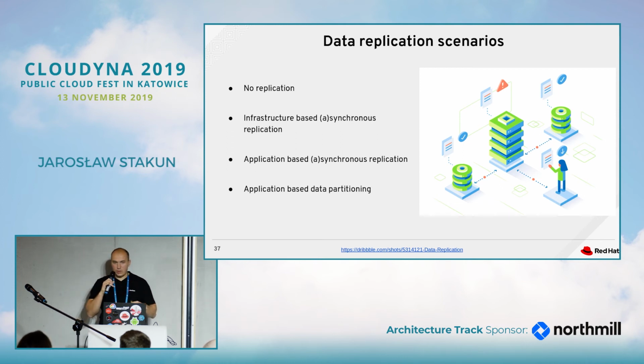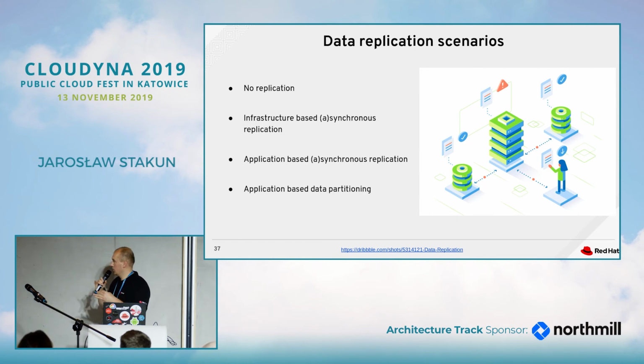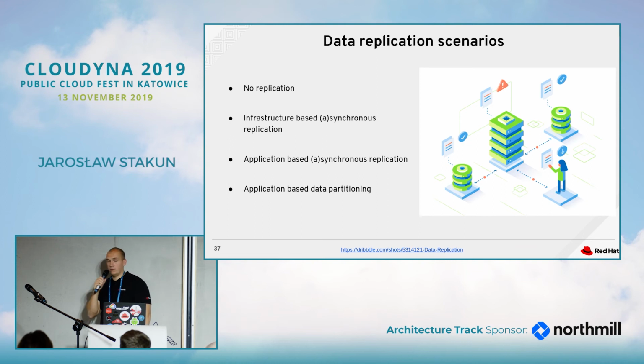We are talking here about the situation where we want to have multiple places that will serve the data. So we are not talking about some API that will call some backend and expose the data, but about the data layer, so databases or file servers that serve the data. So the base scenario is always to avoid the data replication.